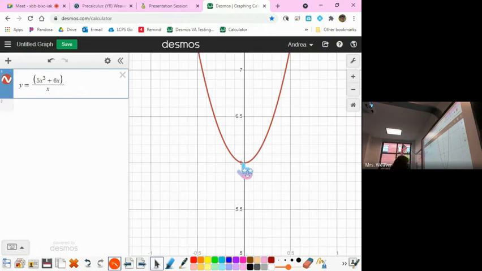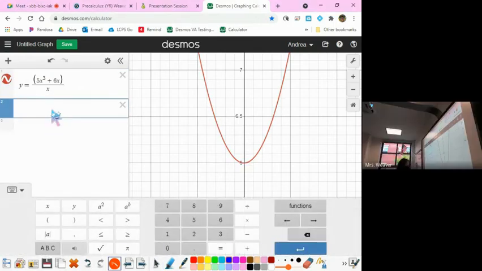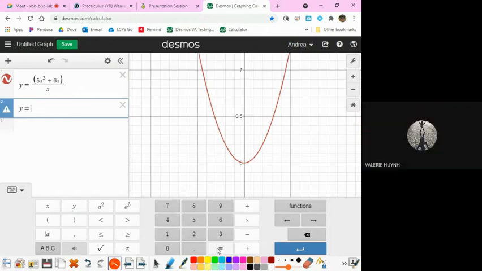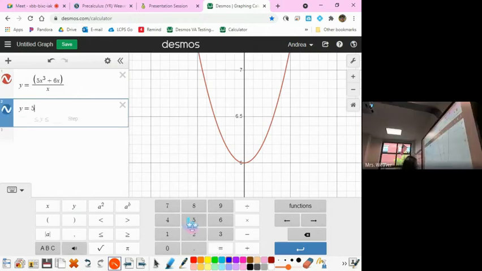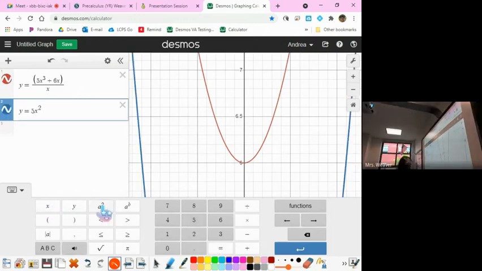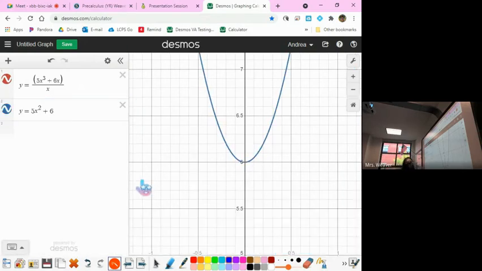So if I graphed the equivalent form, y equals, let me look at what we ended up getting it down to. I think we got it to 5x squared plus 6. That's the equivalent form, only this one, because it's not divided by x, is not discontinuous there. That blue one actually is defined.